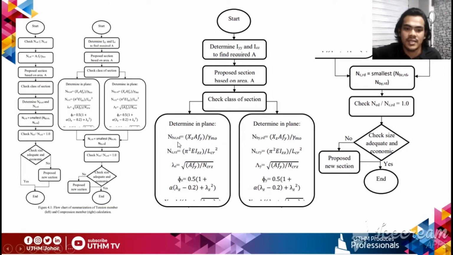And we have NBRD, NCR, Gamma, Sigma, Alpha and X. So we can proceed to find NCRD, which is the smallest between NBRD or NURD, and then we check NED divided by NCRD must be less than 1, and then we check if the size is adequate and economic or not. If yes, we proceed, and if no, we will propose a new, more economic section.